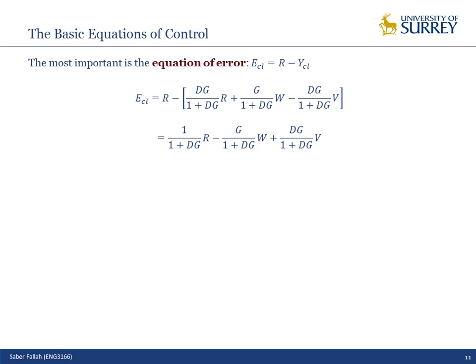So now for the coefficient of R, you want that to be 1, is it? 1 in the ideal case, so that your error is equal to R. No, sorry, you're right. Yeah, I made mistakes, guys. I have R minus this one. Yes, if I want to have the error, 1 over 1 plus dg should be almost 0. Yeah, you're right.